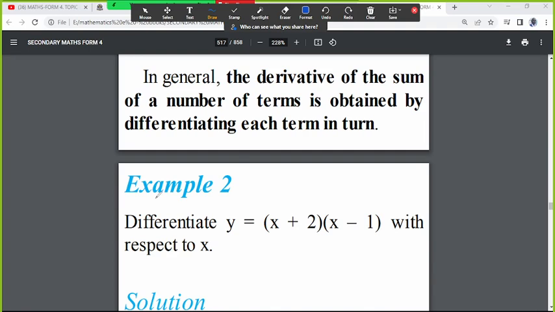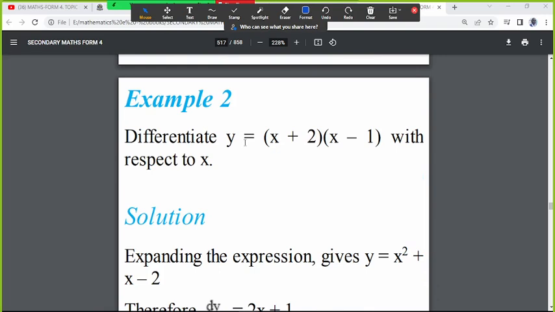Some expressions may not be ready for the process of differentiation, so we need to treat them until they take the shape that we can differentiate.